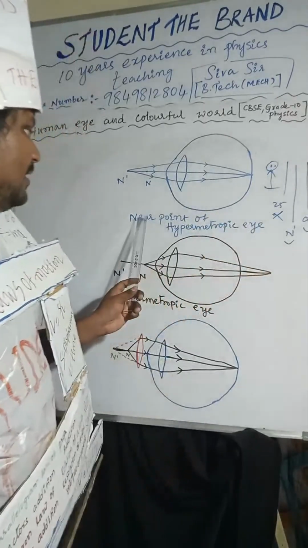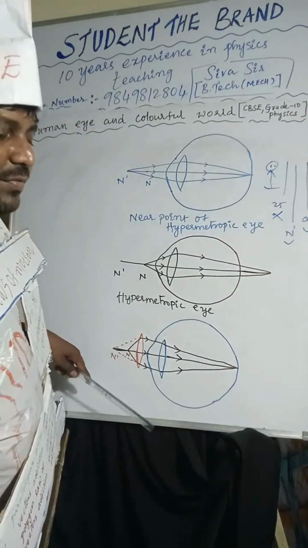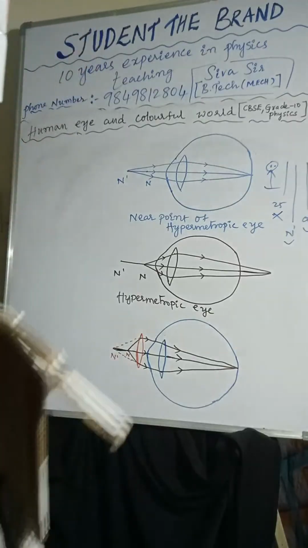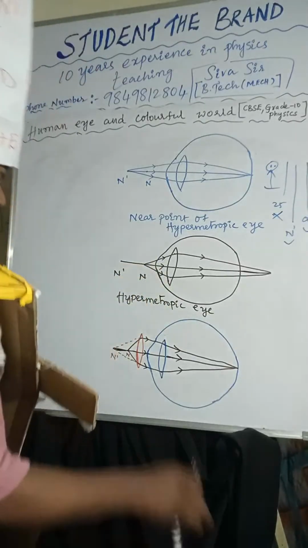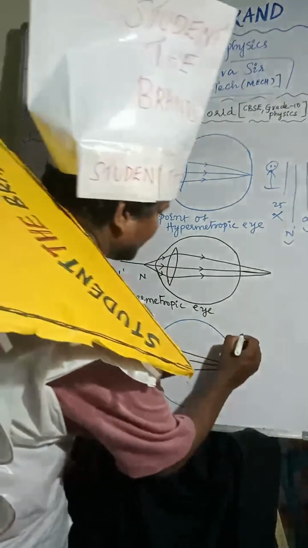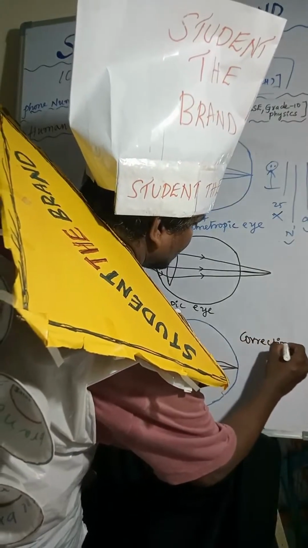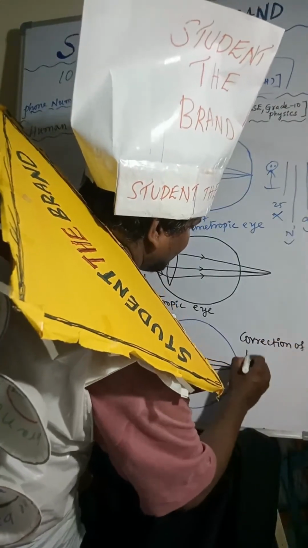There is a near point of the hypermetropic eye. This is a hypermetropic eye. This is the correction of the hypermetropic eye. Focus on this last one, the correction of the hypermetropic eye.